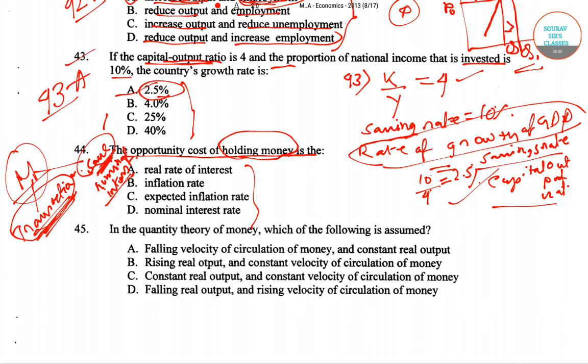So the opportunity cost of holding money is the nominal interest rate. You'd conclude for question number 44 that the right option is option D. The opportunity cost of holding money is the nominal interest rate.